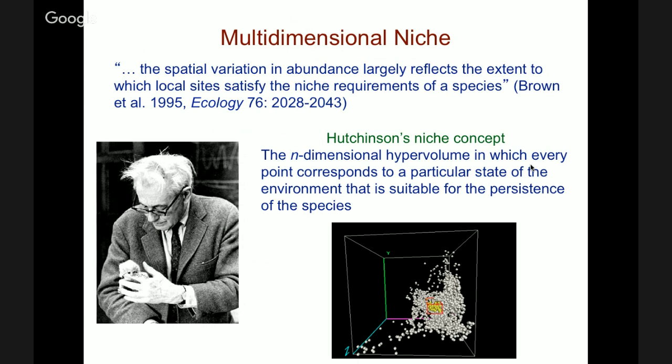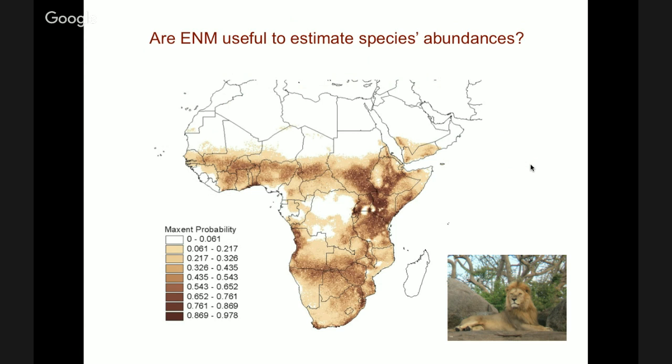And well, here is where, from these conceptual ideas, we think that ecological niche modeling or ecological niche models maybe have something to say about the distribution of abundance.